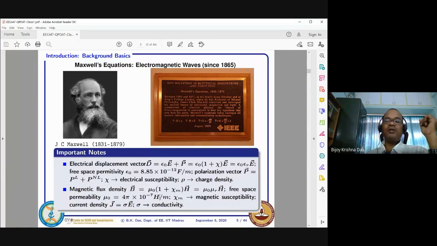Here you have conductivity, sigma. If there is a sigma, then the current density, the current flowing per unit area, which must be a vector, can be expressed from Ohm's law as J equals sigma times the electric field.